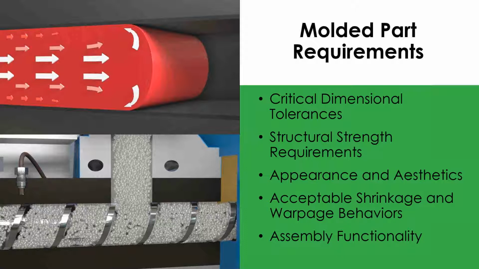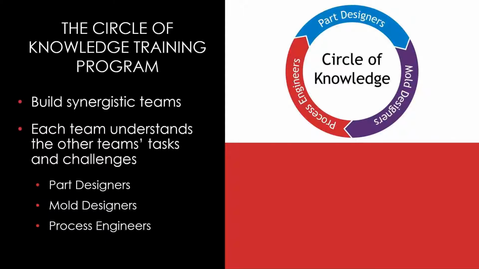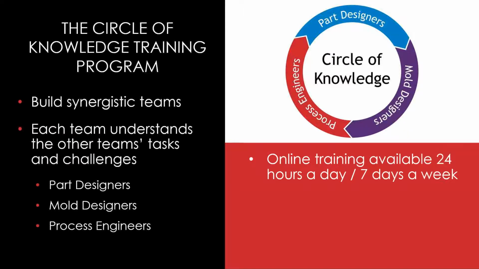Those are molding part requirements that need to be understood before you even start a new design project. If you miss one of them, you may have some challenges later on. And that's why it is so important to really build the circle of knowledge amongst your team. Involve the part designers, mold designers, the processor, and the material supplier to really understand each other's business just a little bit better, and that will lead to a much better outcome for the end product.